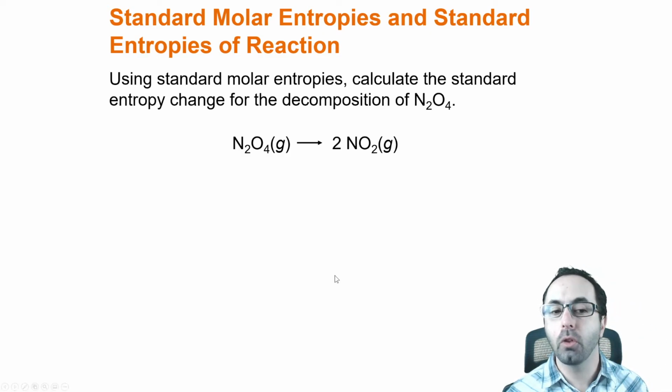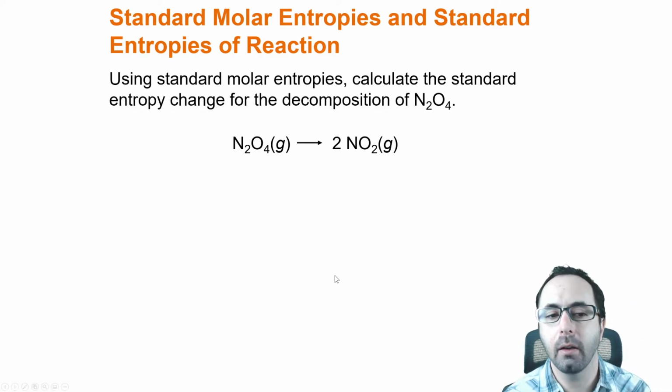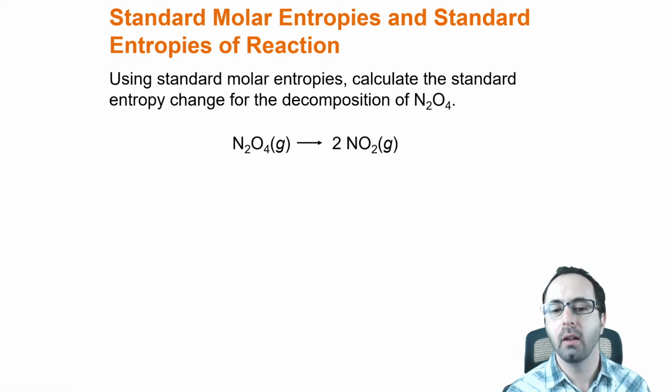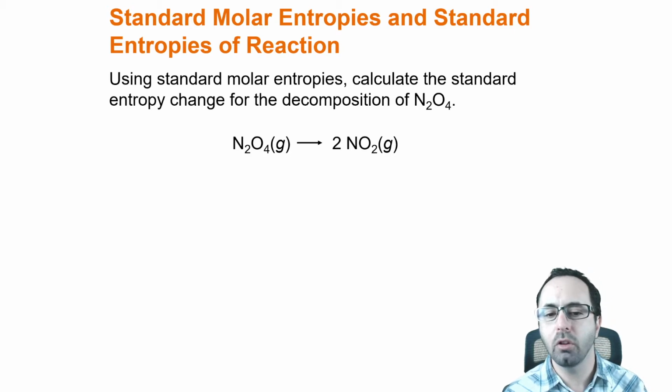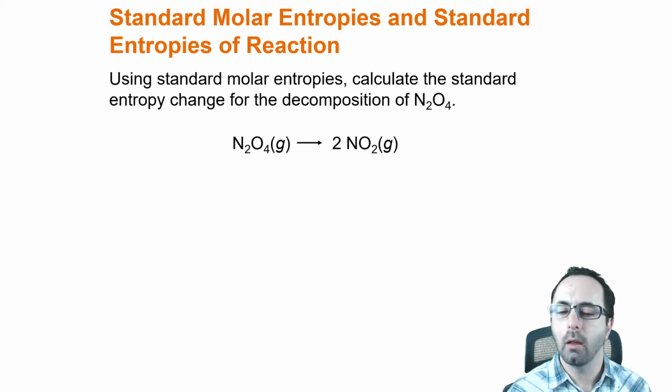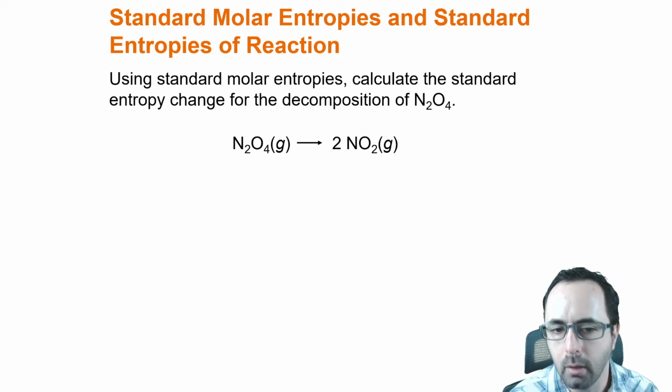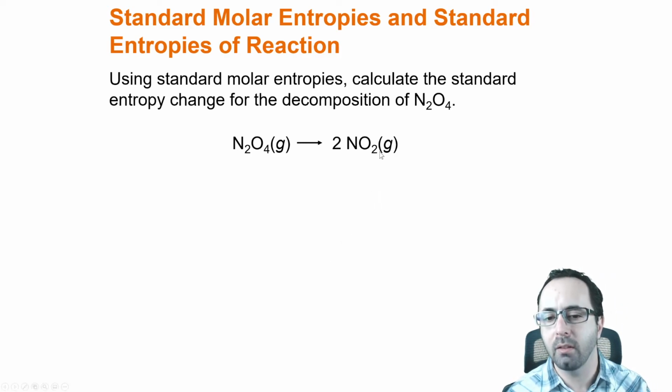So let's say, using standard molar entropies, we wanted to calculate the standard entropy change for this decomposition of N2O4. And so, as we had mentioned before, the entropy change here should be an increase in entropy, right? Because we're getting more gas molecules.